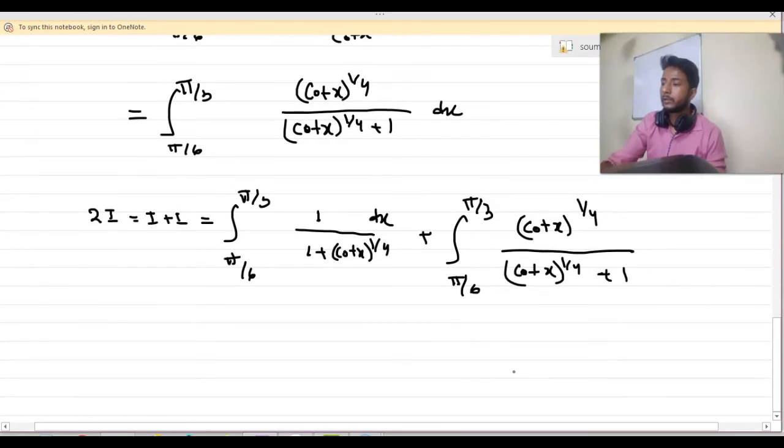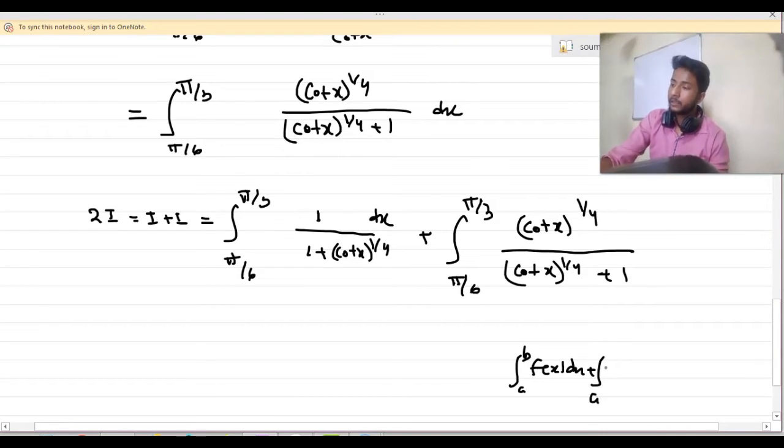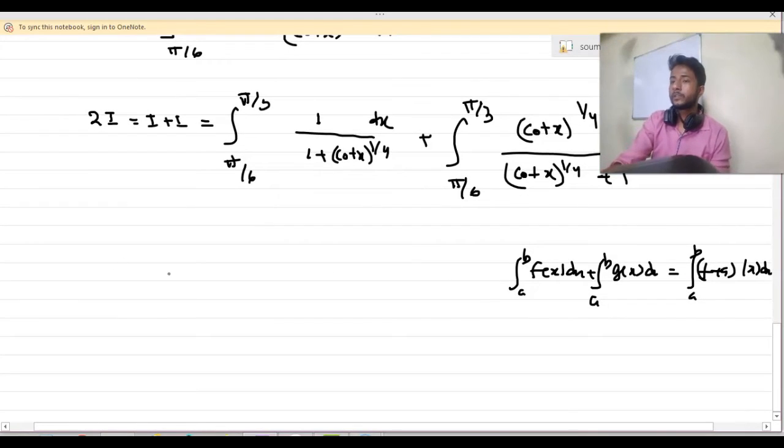Now we know that integration a to b f(x) dx plus integration a to b g(x) dx is the same as integration a to b (f plus g)(x) dx. So we are using this fact here.